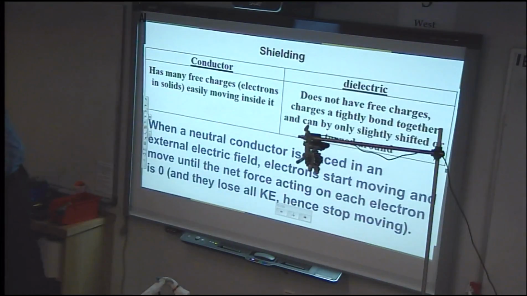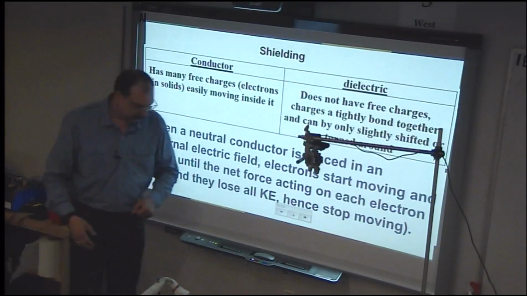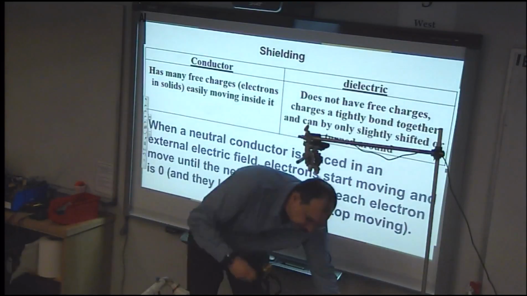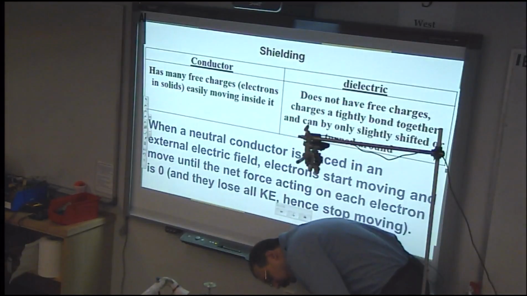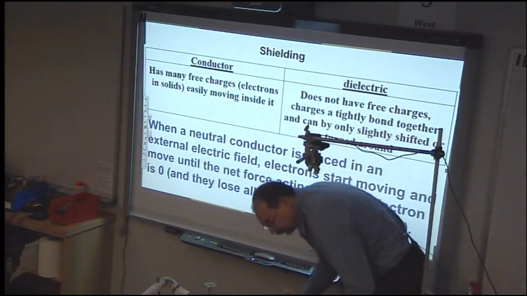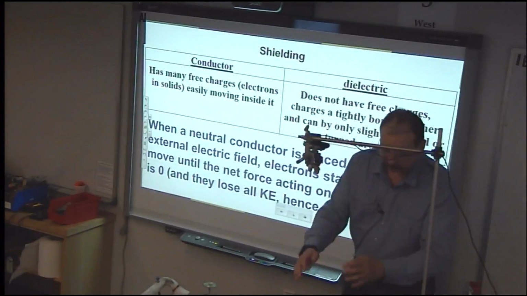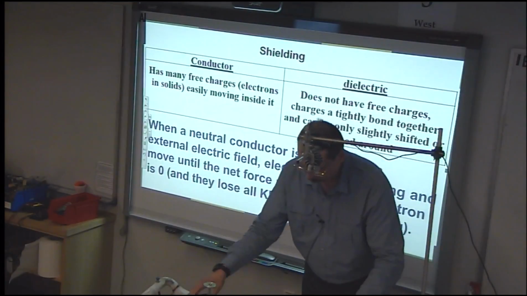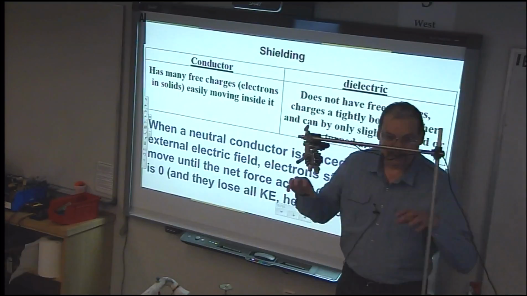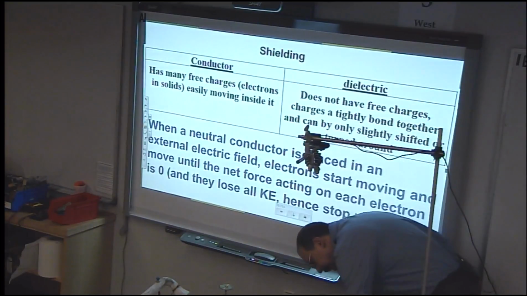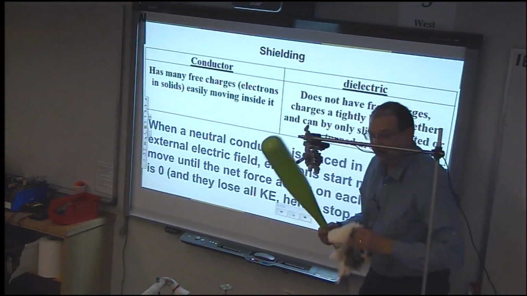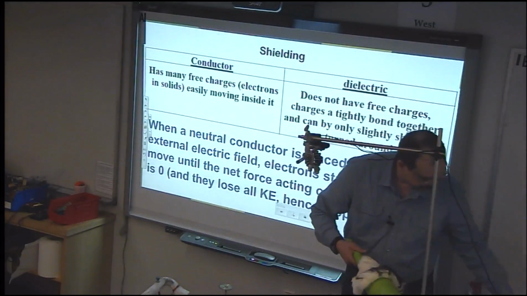But now, instead of adding a charge to a conductor, we are placing a conductor in a strong electric field. And we've done that before. First, I need a strong electric field.